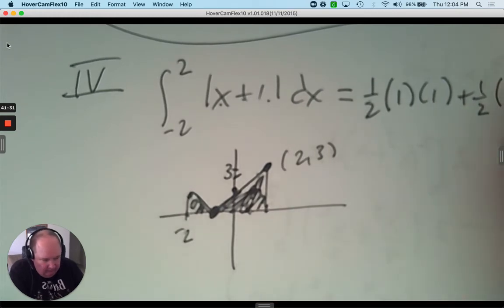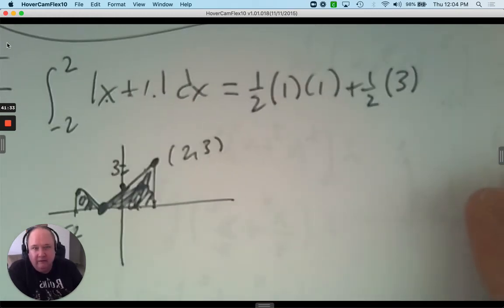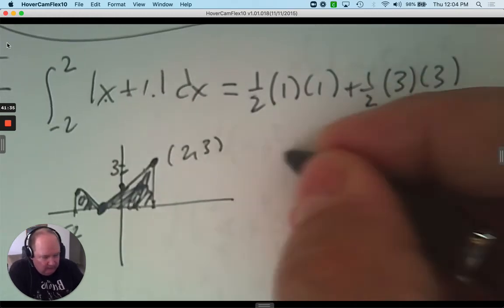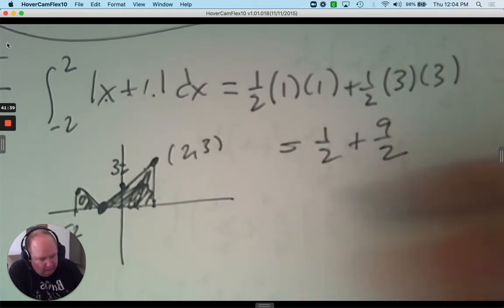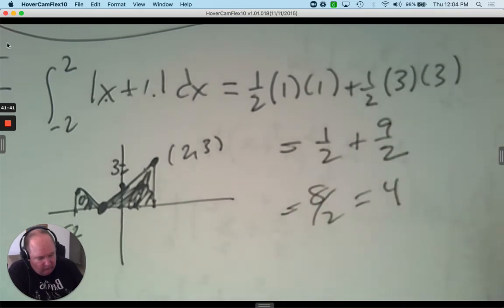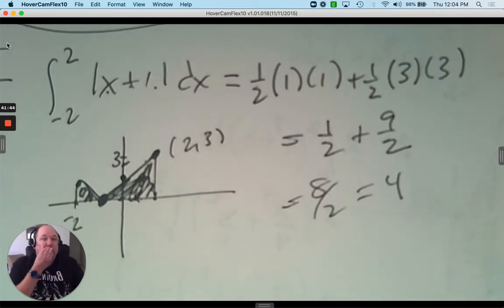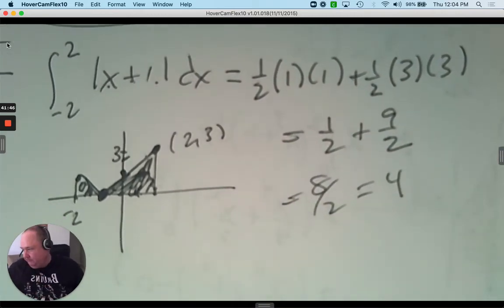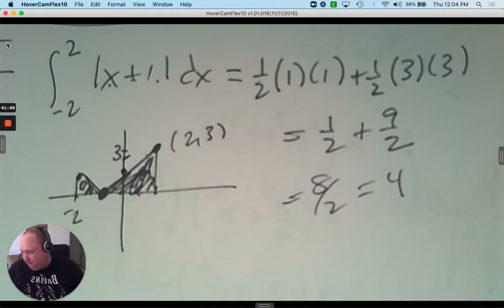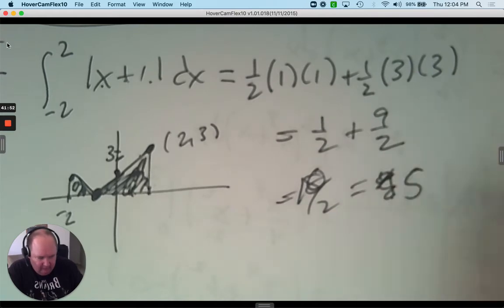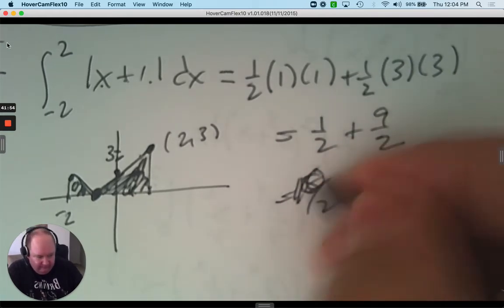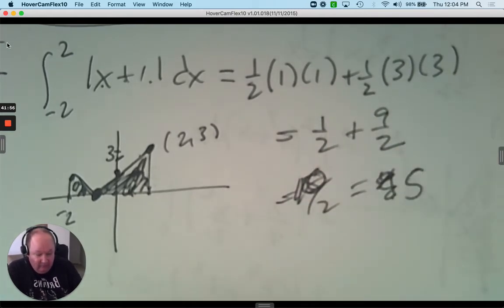Yeah, so the base is 3, and the height is 3. And there you go. So this would be 1/2 plus 9 over 2. So that's 8 over 2, which equals 4. Wait a second. 1 plus 9 is 10. 10 divided by 2, so the answer is 5. Silliness.